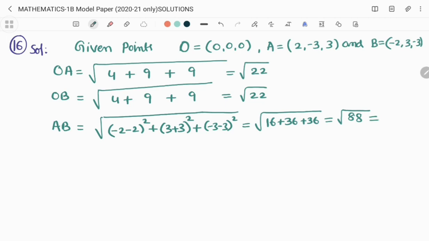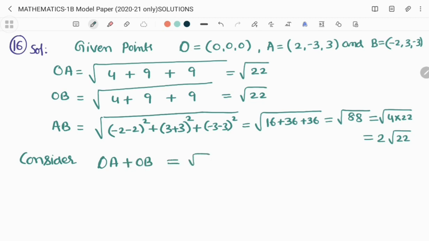Now 88 can be written as root of 4 into 22. 4 we can take outside, 2 root 22. Am I right? Now consider OA plus OB is equal to root 22 plus root 22. That is equal to 2 root 22. 2 root 22 means AB value only, no?